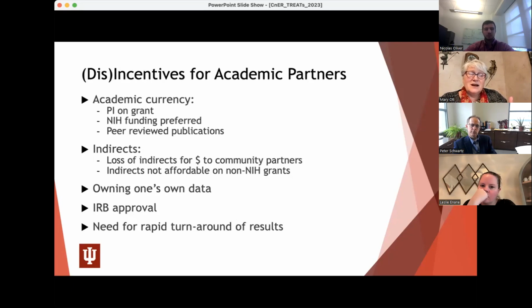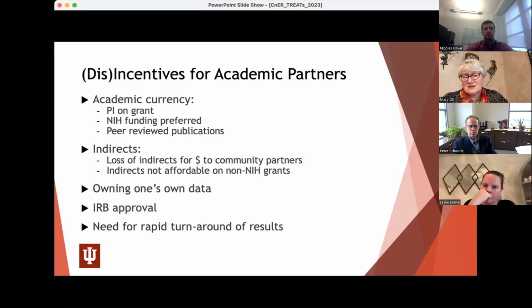The loss of indirects for funds to go to community partners is something that happens. And indirects are complicated on non-NIH grants where the indirects are written into the total. So these are little subtle things, but it comes down to money and academic currency.